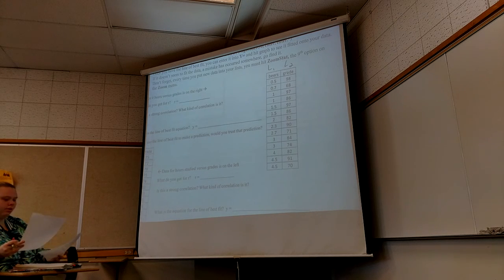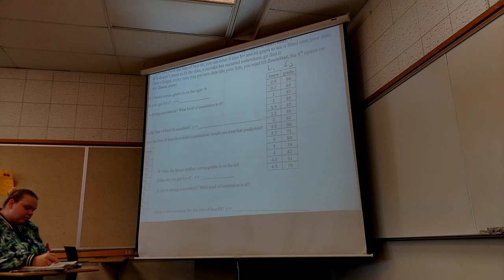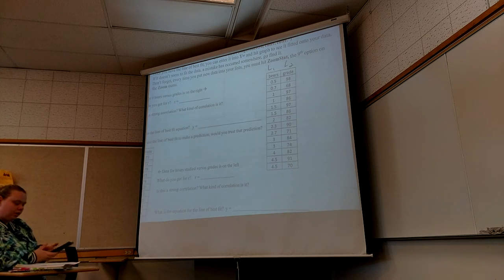Do you want to sort it? No. Hell no. Because then you lose what beers go with which grade. Do not ever sort this. Does everybody understand what's happening right now? Put L1, L2, that data, it's on the other side of that other handout.